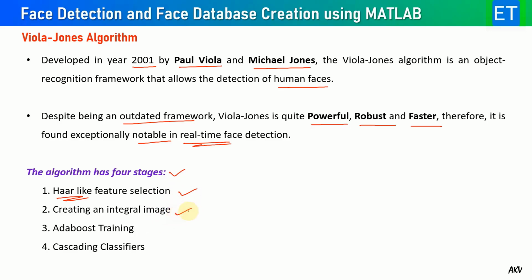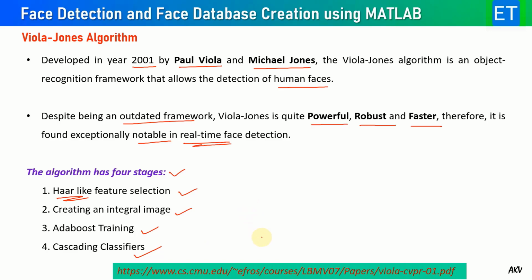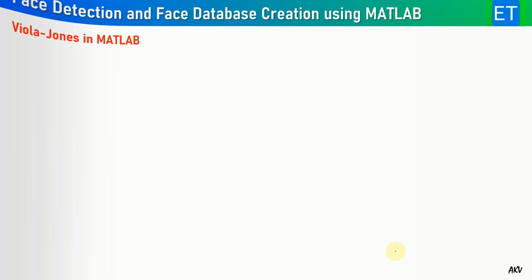Then an integral image is created from those features, and adaptive boosting is used for training, and then cascaded classifiers are used. If you are really interested in the theoretical details, I recommend you to download this research paper from this link, which explains the original work of Viola-Jones for face detection. This link you can find in the description.